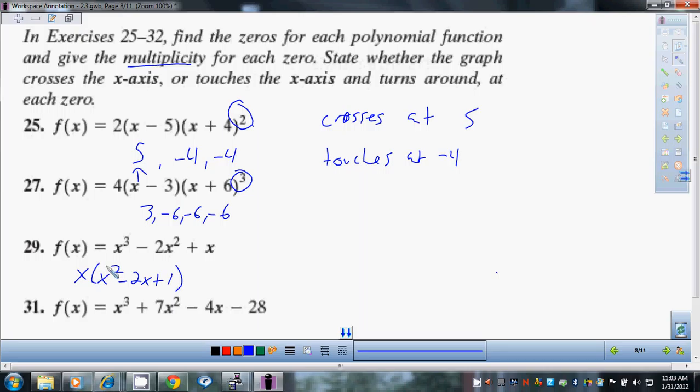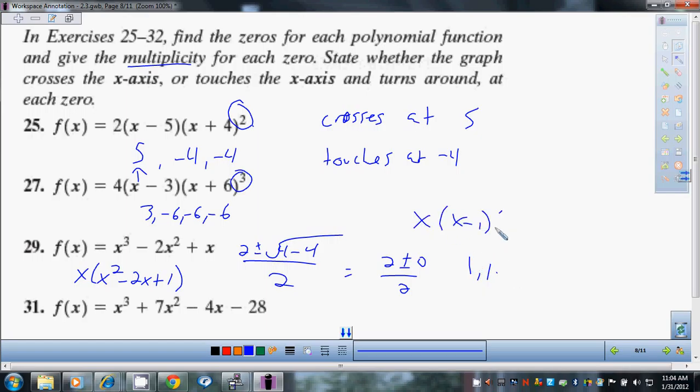Like if I did the quadratic formula on just this piece, that'd be 2 plus or minus over 2. So 2 plus or minus 0 over 2, which gives me 1 twice. So now I know the other two must be the opposite of this. So x, x minus 1, x minus 1.